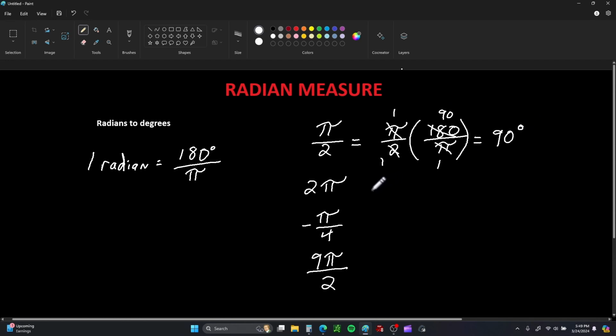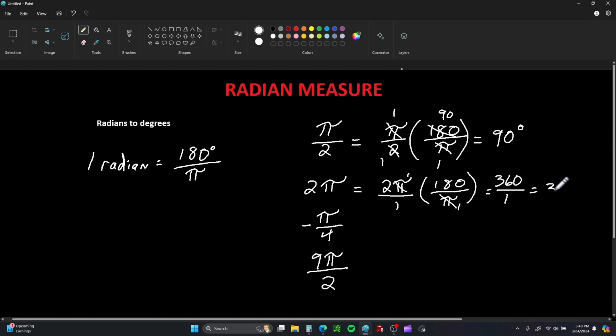On this next one, we're going to have 2 pi. We need it as a fraction times 180 over pi. First, we cross simplify. Pi goes into itself 1 and 1. And then we have 1's on the bottom and 2 times 180 on top, which is 360.